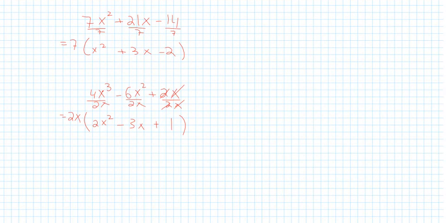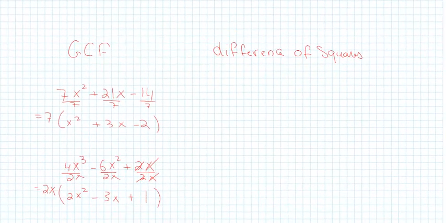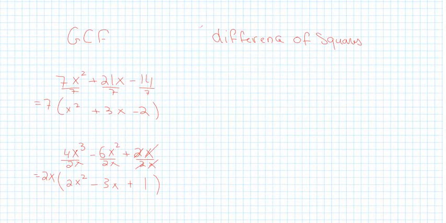All right. Now, so we learned about the greatest common factor, but we also learned about the difference of squares. What do I have to have for me to be able to factor using difference of squares? So 2 squared terms, right? I have to have 2 squared terms. And a negative in between.